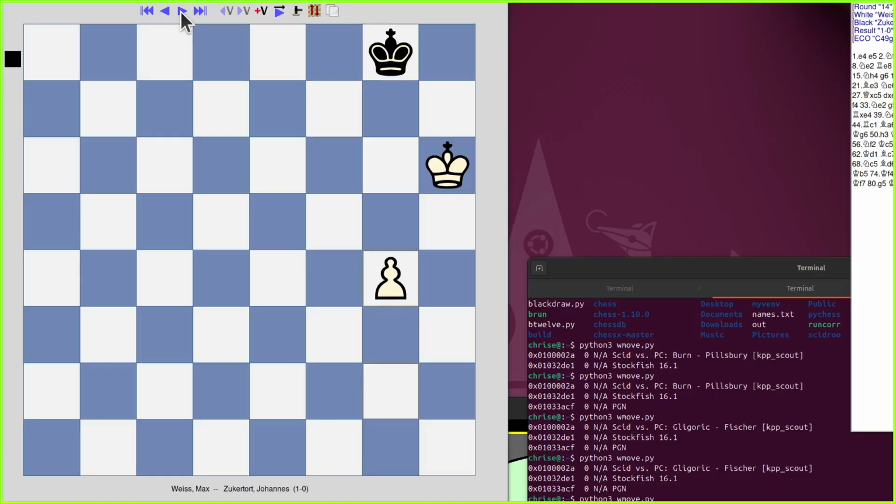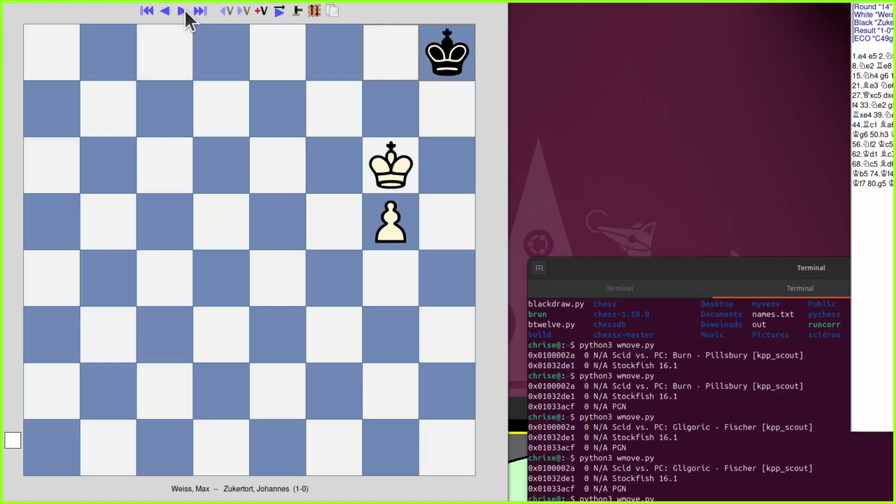King g8, push the pawn to g4, king f7, push the pawn to g5, king g8, and now you want to get into a better position with your king. If you push the pawn now, it would not be so good. So king to g6, king goes in the corner, which is where the stalemate tricks occur.